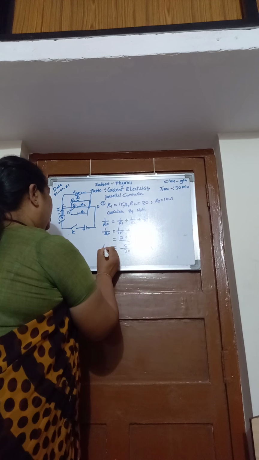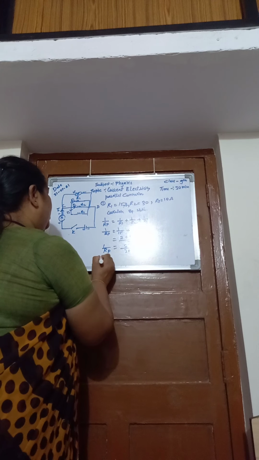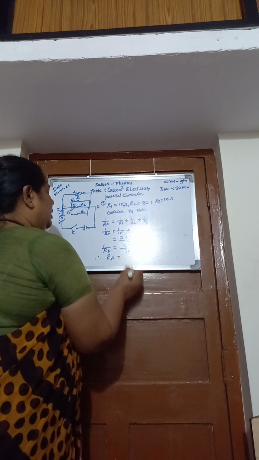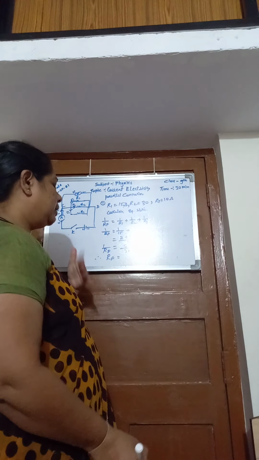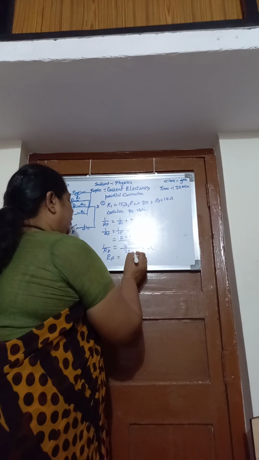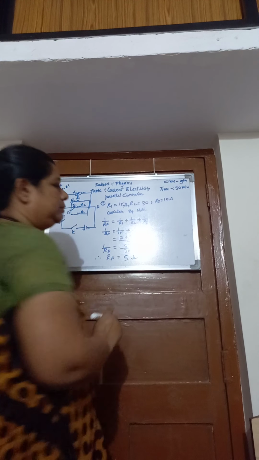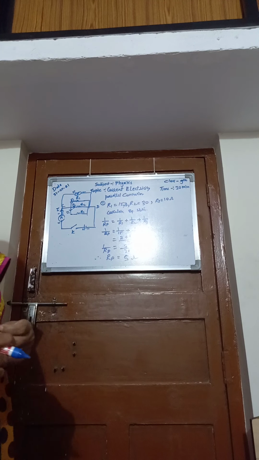It is 1 upon Rp. Therefore Rp equal to the reciprocal of it, 5 ohm. Got it? Got it up to this?